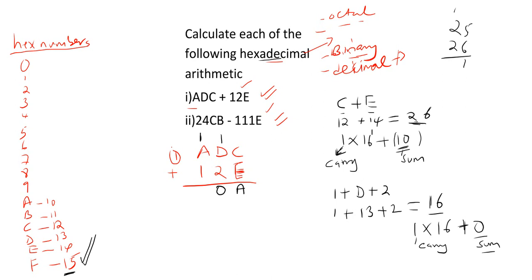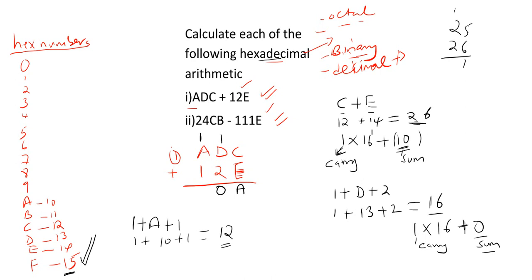So in the third column, we now have 1 plus A plus 1. It is the same as 1 plus A, which is 10, plus 1, and this gives us 12.